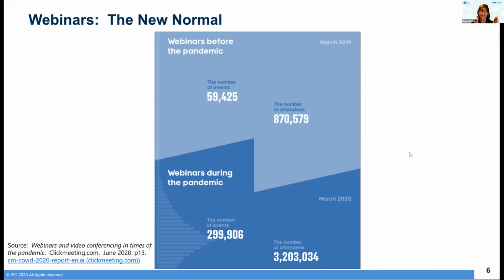To put that in context, ClickMeeting represented only 2% of the web conferencing software market in 2020. So if you assume that type of increase is similar for the more well-known companies, think about how many people have become accustomed to attending or facilitating webinars in just 1 year.